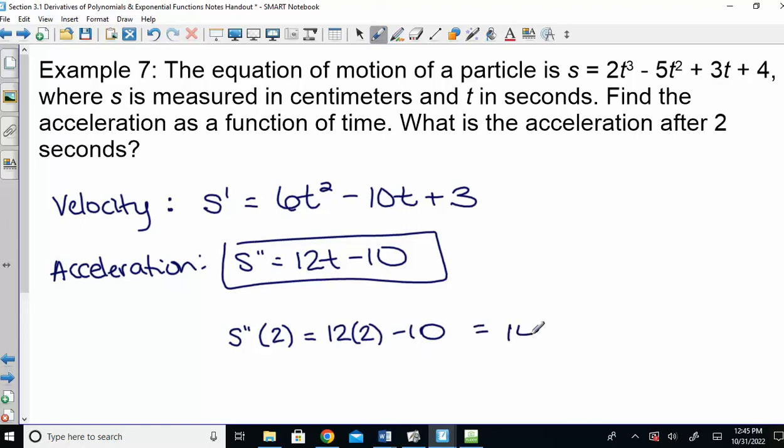We get 24 minus 10, so 14. Velocity is centimeters per second, so acceleration is centimeters per second squared. Is that okay?